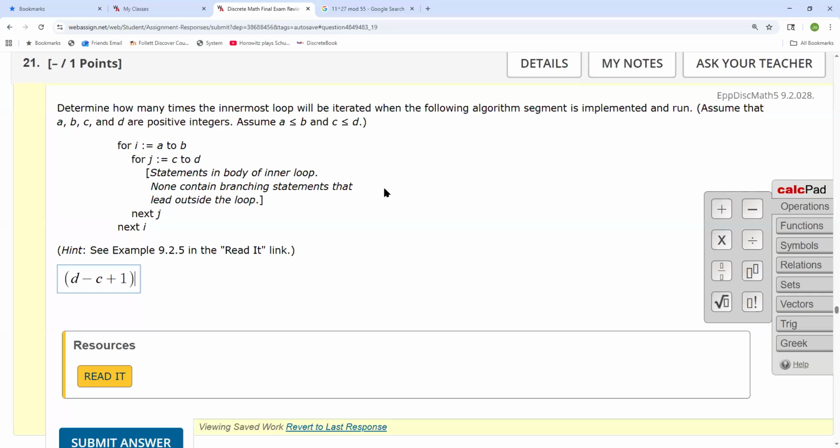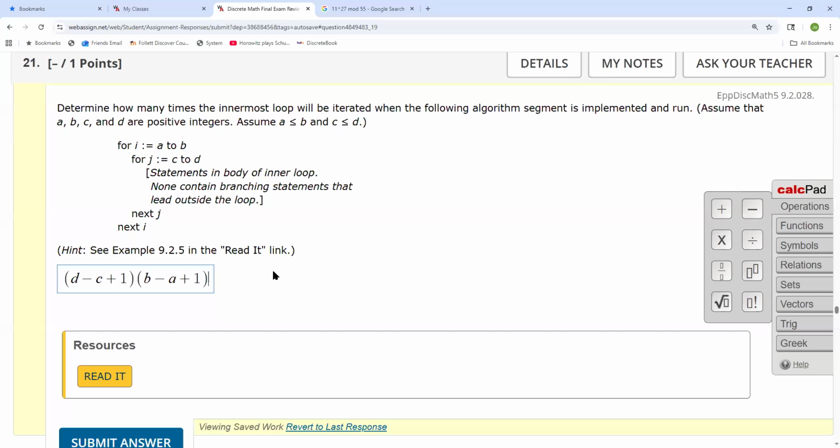Well, it'd run for 11, and then it'd run again for 12, right? But 11 minus 12 is only 1. So you can't just subtract B minus A to get the answer. You have to do B minus A plus 1. Because if there's a difference of 1 in them, it actually runs twice. If there's a difference of 2 in the numbers A and B, it would actually run 3 times total. If there's a difference of 3, it'd run 4 times total. So the outer loop runs B minus A plus 1 times.